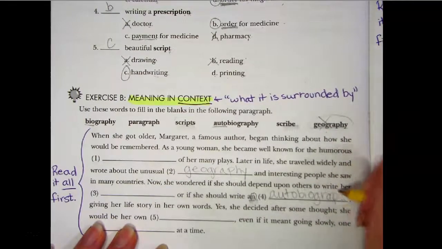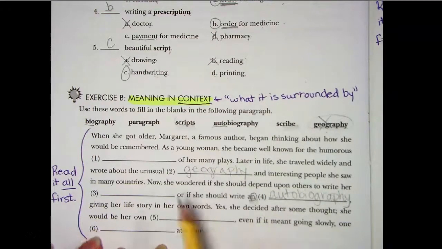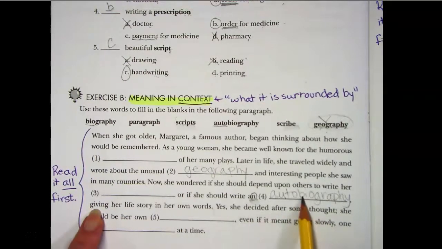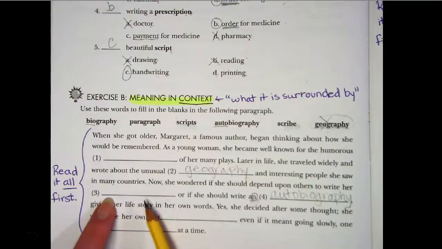I always like to read the sentence again to make sure that it really fits. So, now she wondered if she should depend on others to write her or if she should write an autobiography, giving her life story in her own words. Well, that's the definition of an autobiography right there, so I feel pretty good about that one. Now, she wondered if she should depend on others to write her.